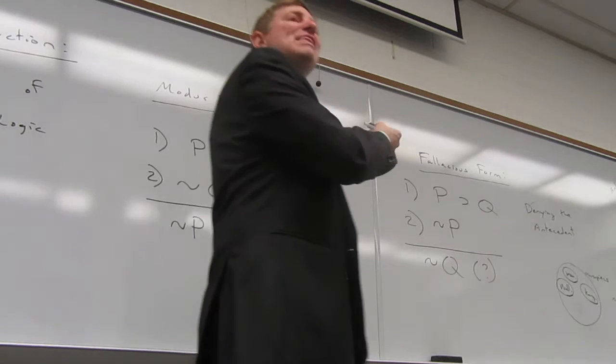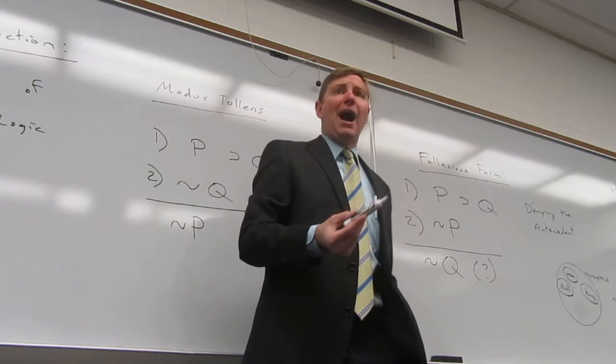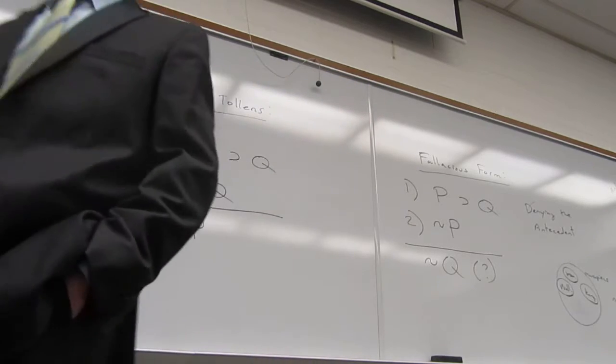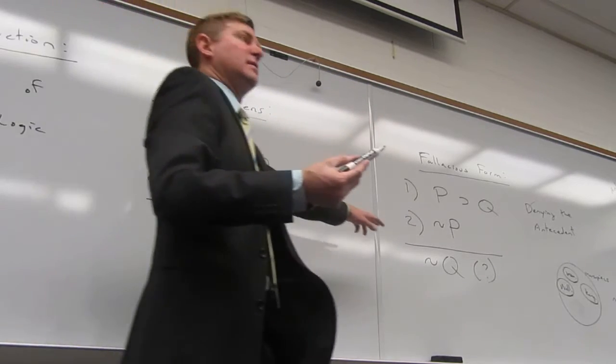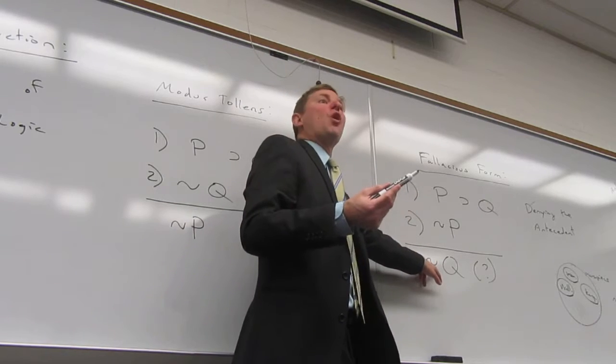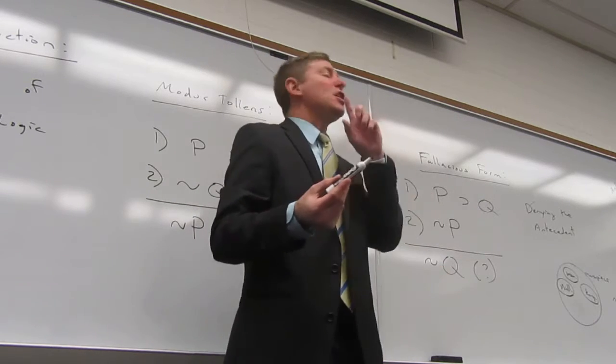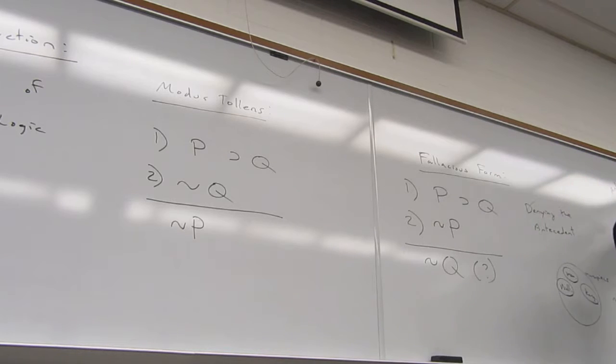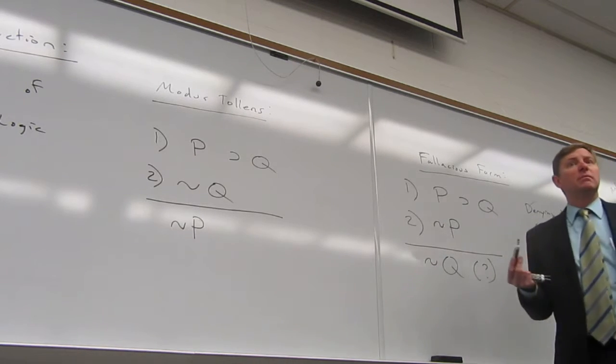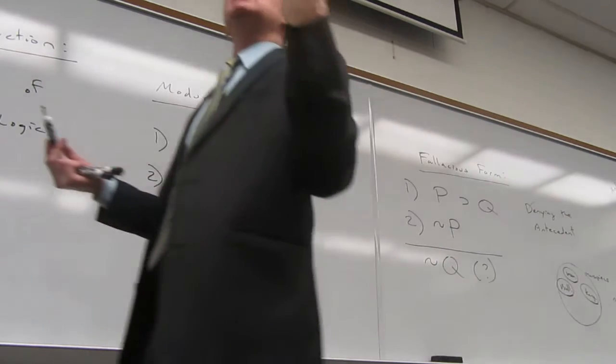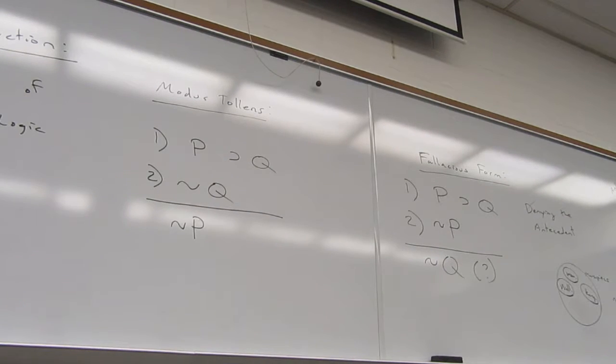Now, the reason why this structure does not work out is because it does not make the necessary connections to draw this conclusion. Because of the one-way direction of the conditional. Remember, the conditional says if P then Q. It doesn't say what?